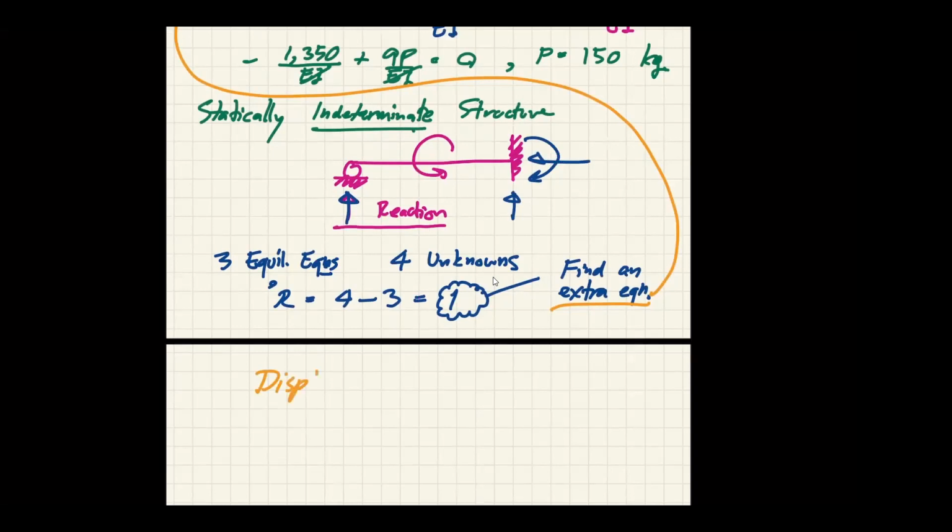Let me try and continue here. Sigma displacement, when you add up, must be equal to 0. So that's why somebody would call this consistent deformation.